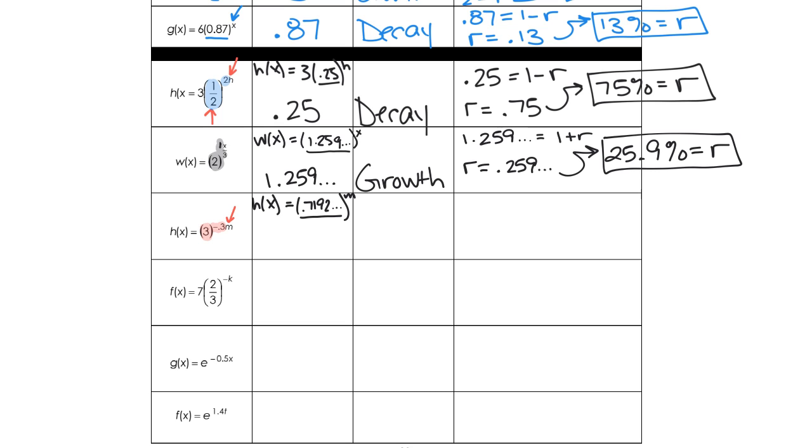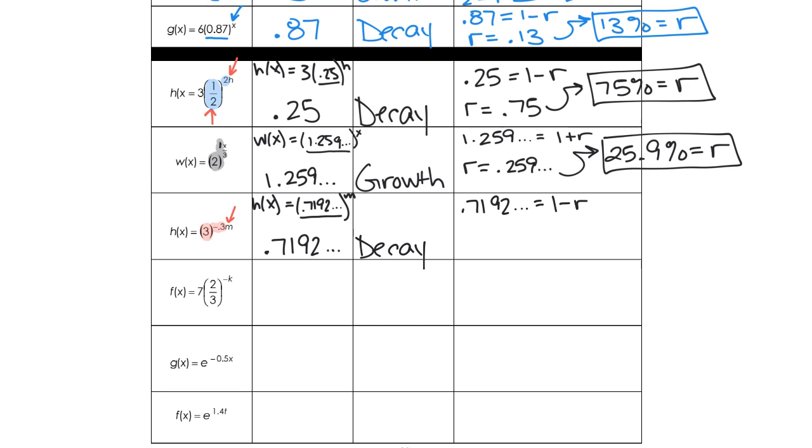And now that m is by itself. And so we're going to go ahead and take that base and use it. Since it's less than 1 and more than 0, we're going to go ahead and say that this is decay. And now we can take that 0.7192 and put it equal to 1 minus r since it's decay. We'll subtract 1.